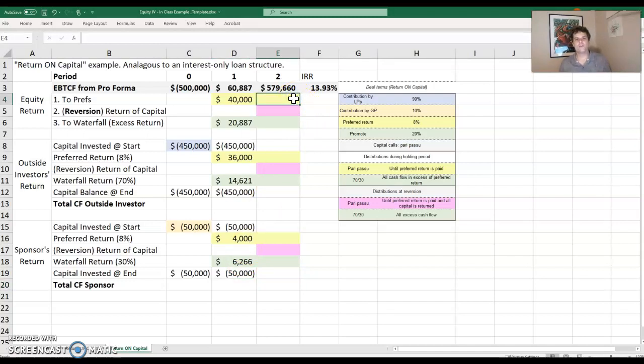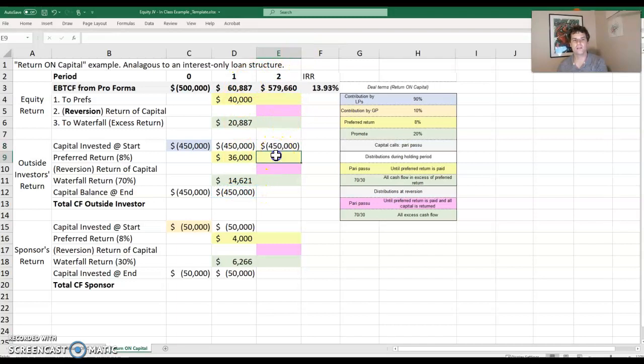Period 2 now is our reversion. So the first thing we need to do is, again, we've had another year of income, another year of holding period. We also have to distribute the pref because there was income earned in that period. So the first thing I need to do is calculate the prefs. Now, there's no difference between the pref in year 1 and year 2 because we never paid off any of that capital.